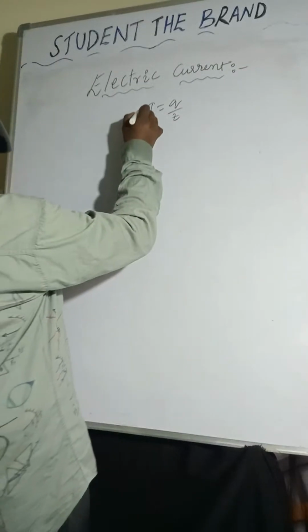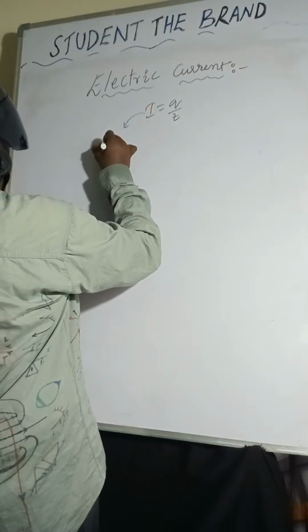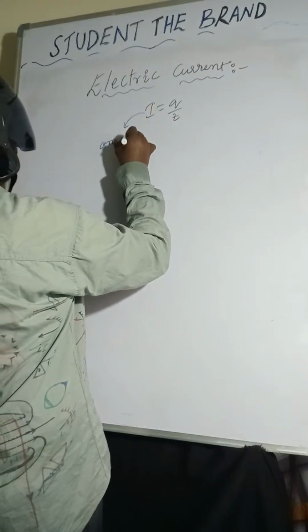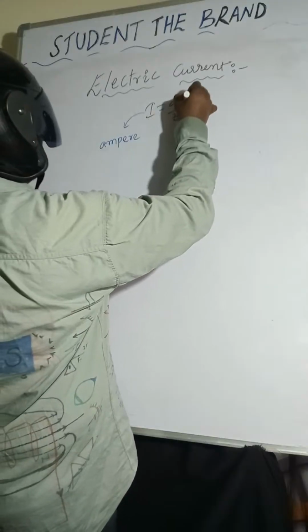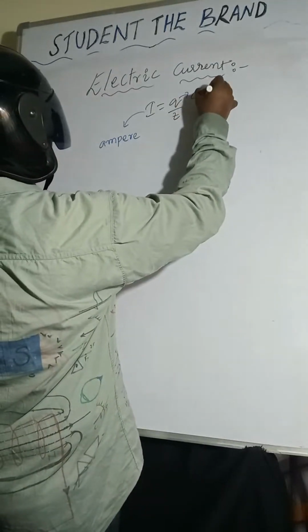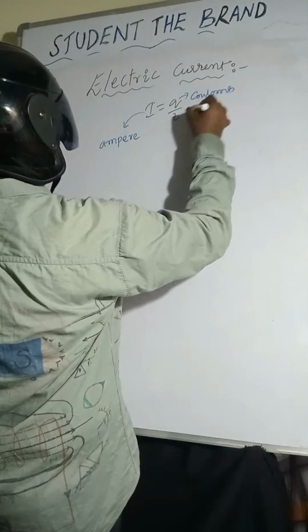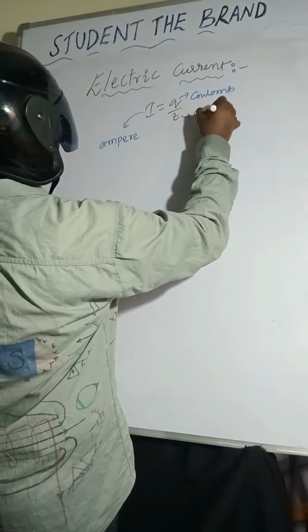SI unit of current is ampere. SI unit of charge is coulomb. And SI unit of time is second.